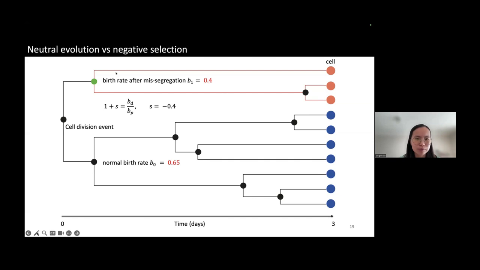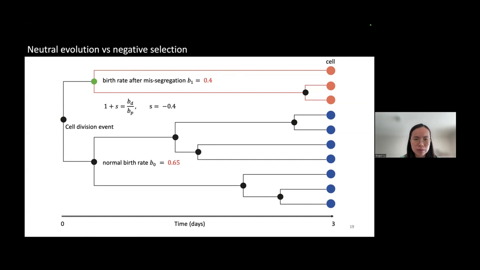If there's negative selection, the birth rate after missegregation is assumed to decrease. For example, suppose the normal birth rate is 0.65. If there is negative selection, the birth rate after missegregation may decrease to a smaller value.